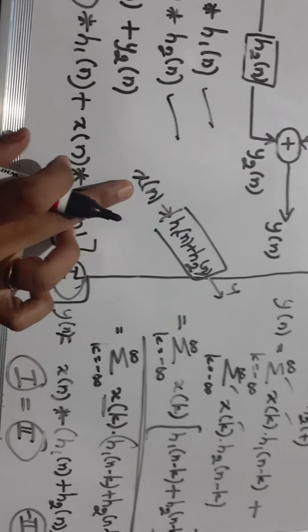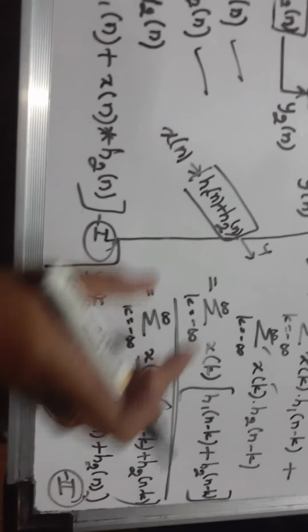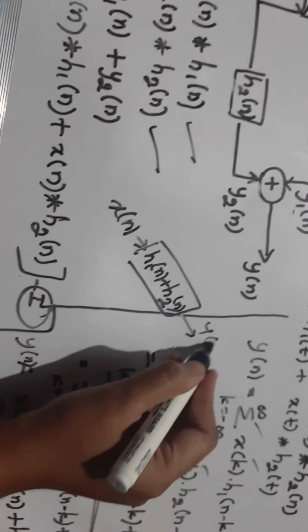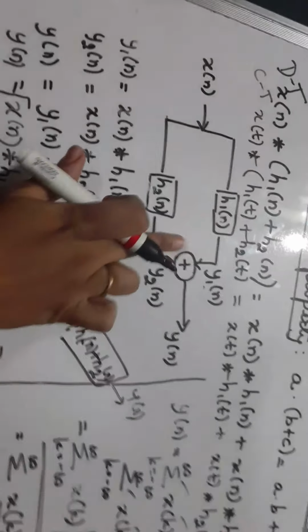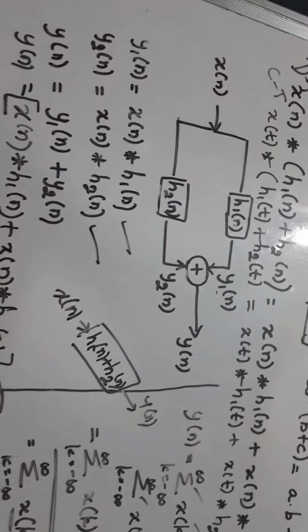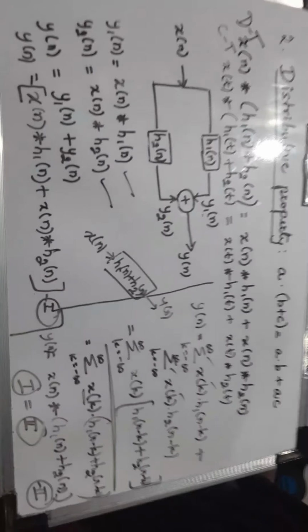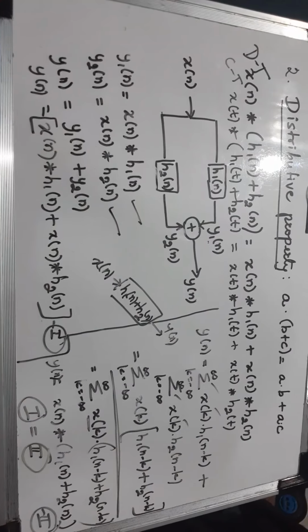So x is the input, h1 plus h2 is the impulse, y is the output. So these two block diagrams are equivalent. This is about the distributive property of convolution.